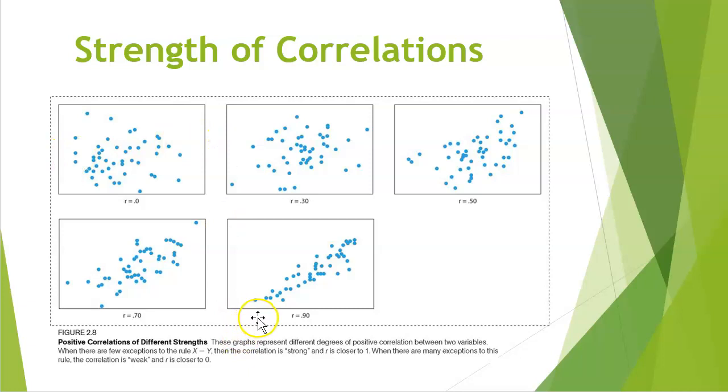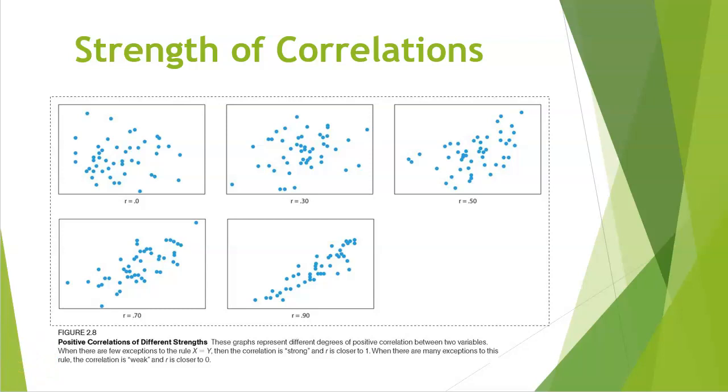Whereas on the bottom middle, we have an R of 0.9, so that's a pretty strong correlation. You could easily draw a line for a positive correlation going up, kind of how you see my cursor. And then we have all these other correlations in between, where again it's a positive correlation, but it's not nearly as strong as an R of 0.9.